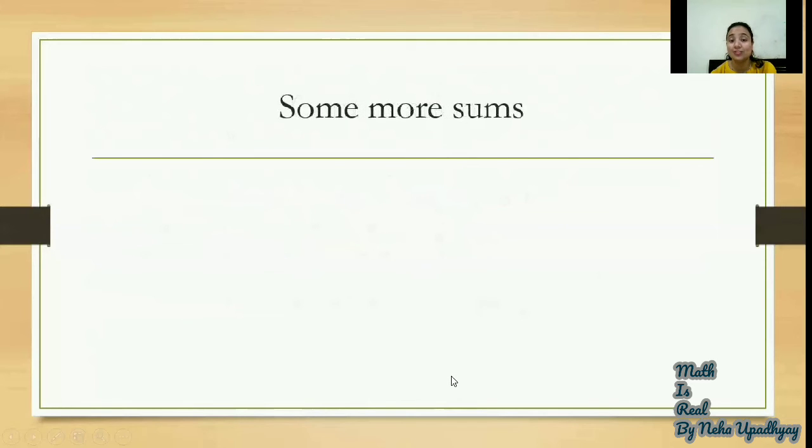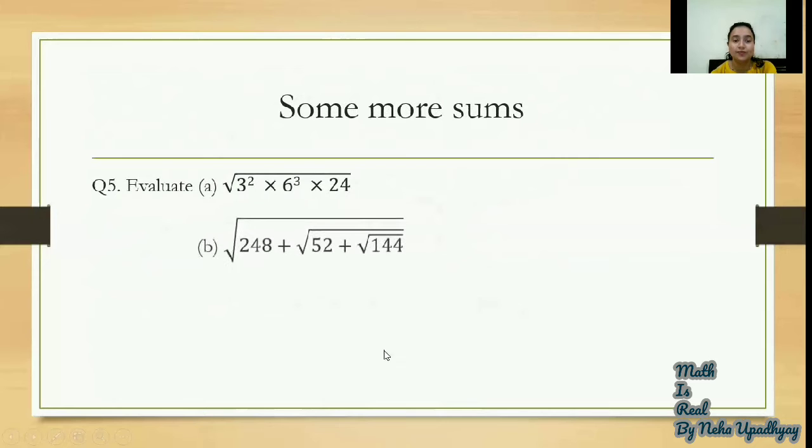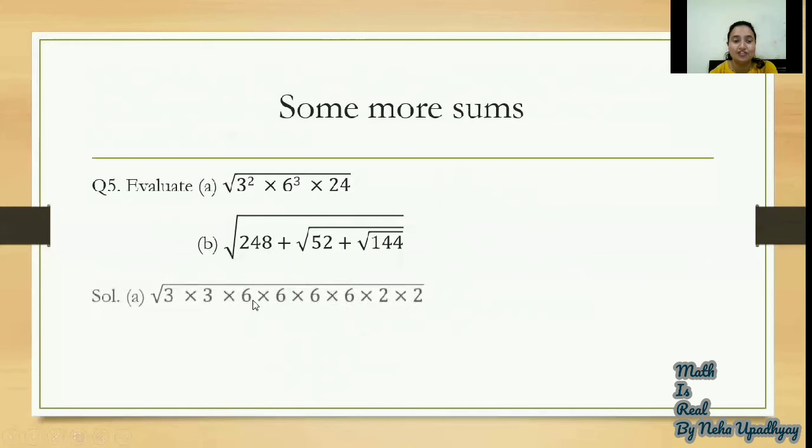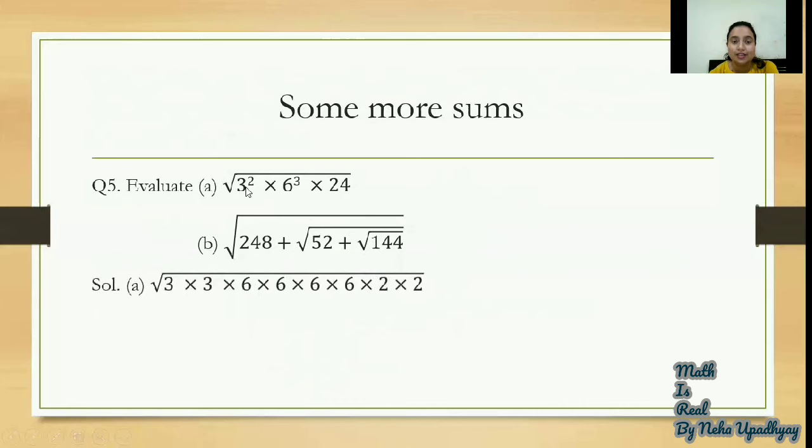Some more sums. Okay, so evaluate the square root of 3 square multiplied by 6 cube multiplied by 24. Let's see, interesting it is. 3 square means 3 multiplied by 3. 6 cube means 6 multiplied by 6 multiplied by 6. 24 can be written as 6 fours.